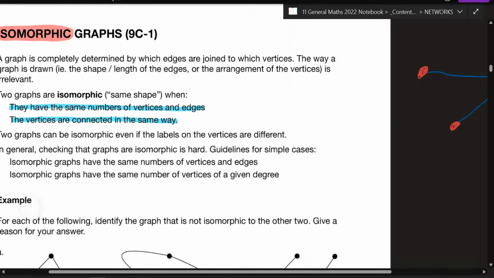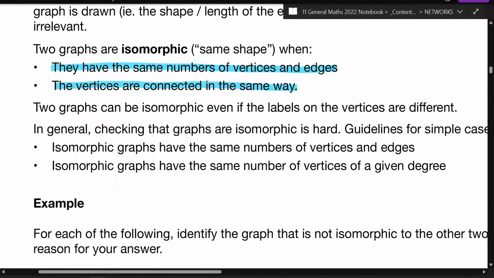Look at the 2 rules. We need to make sure that if 2 graphs are isomorphic, they have the same number of vertices and edges. So right there, what I like to do is look at the vertices first. Do they have the same number of vertices? If not, then already they're not going to be isomorphic. So that's one way you can look at it: same number of vertices and edges.